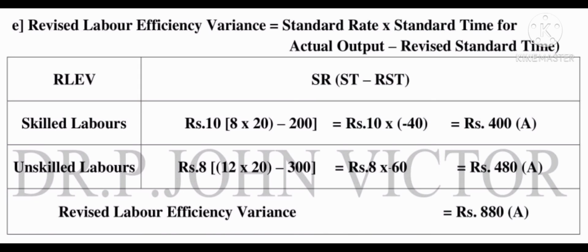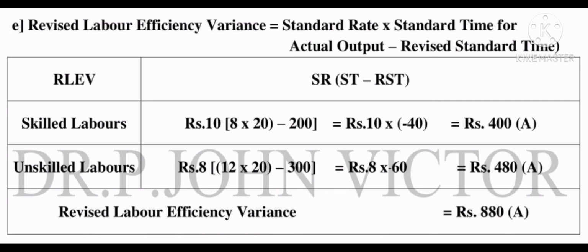The next formula is revised labor efficiency variance. The formula is standard rate into standard time for actual output minus revised standard time.